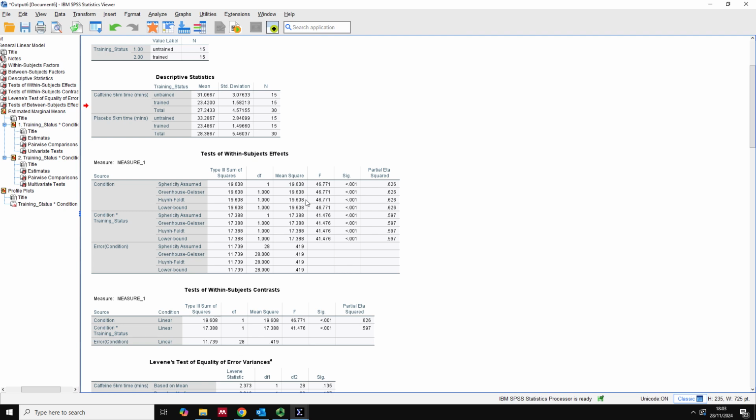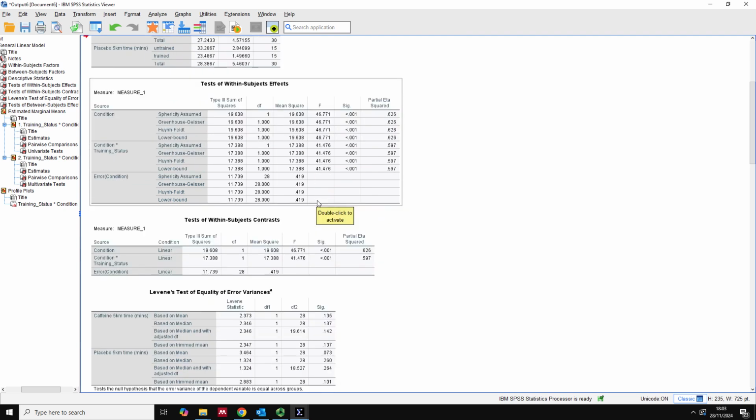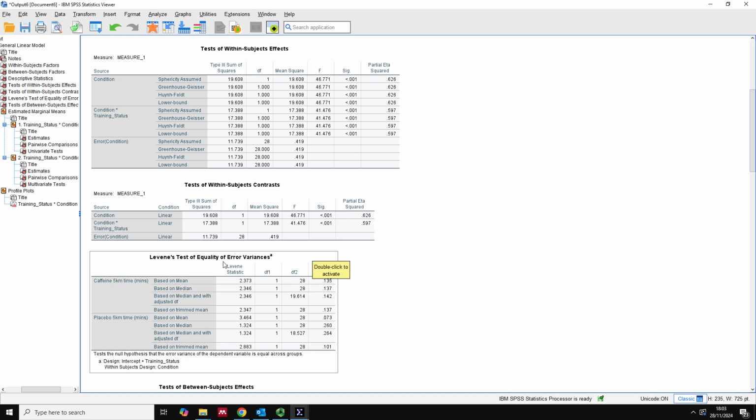What we need to do is check our other assumption, which is Levene's test, or equality of variances. This is essentially saying, do the two groups that we have, the trained and untrained, roughly have a normal level of variance. So we read off this top row.